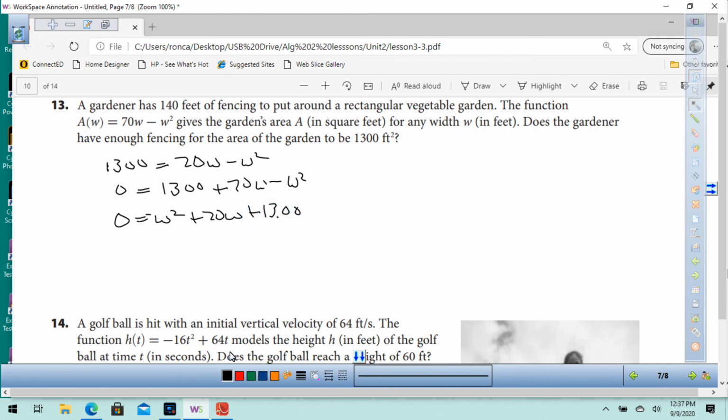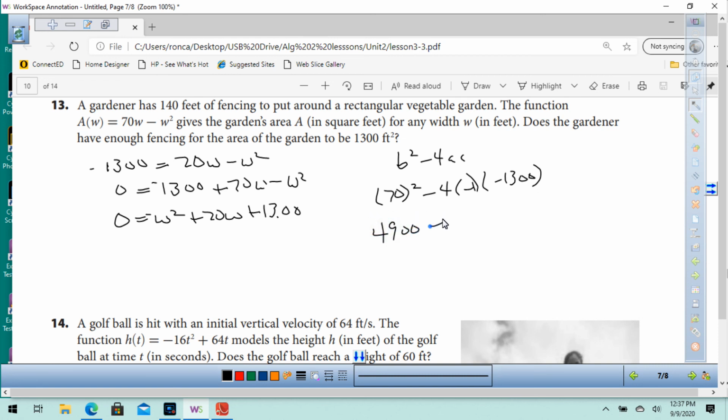Right? So let's do b squared minus 4ac. That's going to be 70 squared minus 4 times negative 1 times, remember we subtracted that from both sides, so that should be negative 1,300. All right, so that's going to be 4,900. 7 squared is 49.